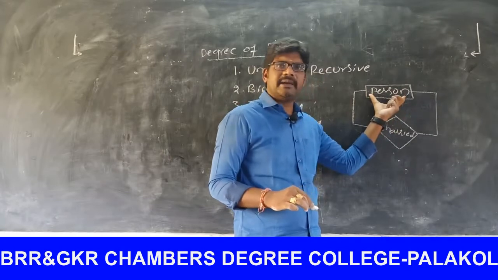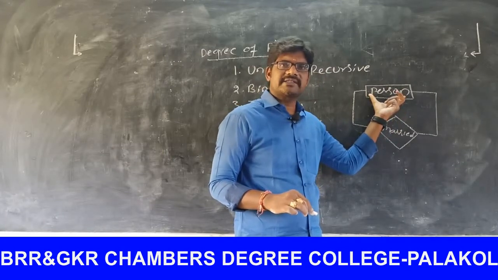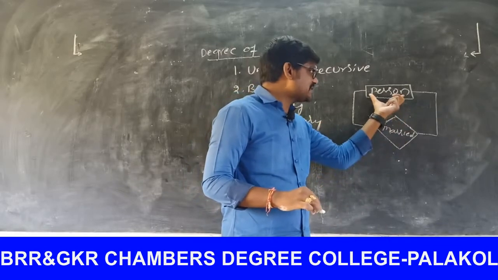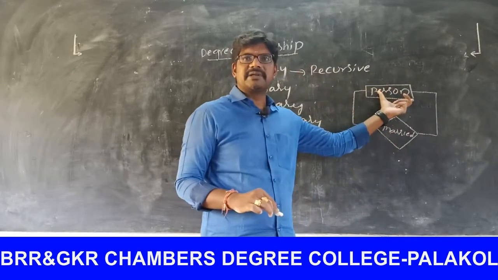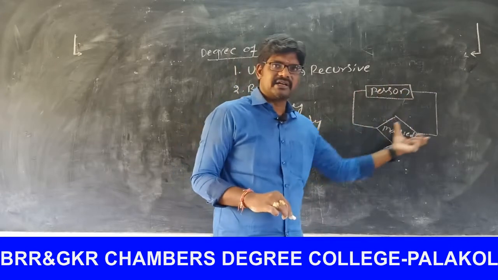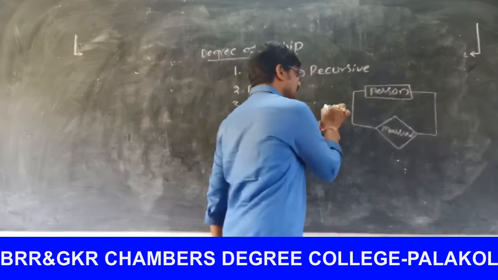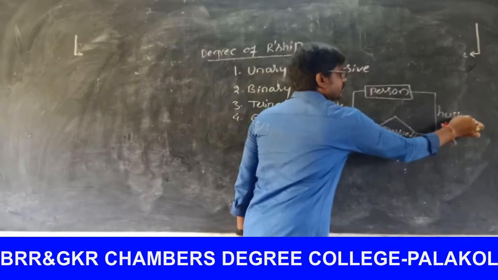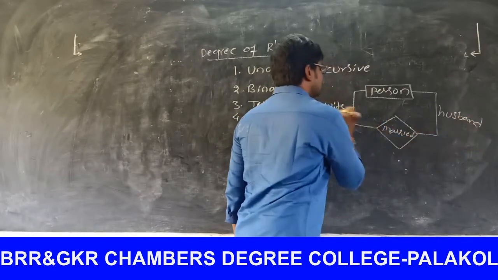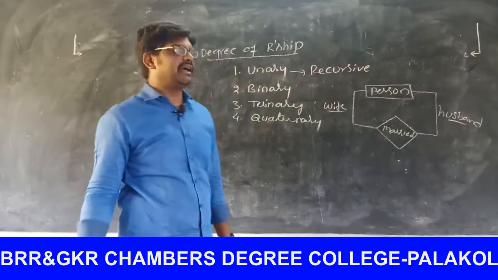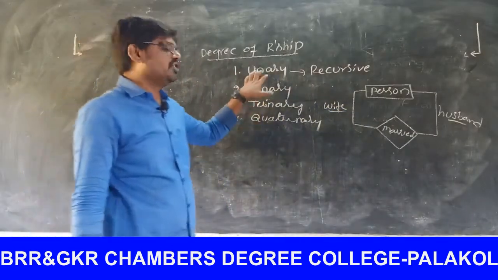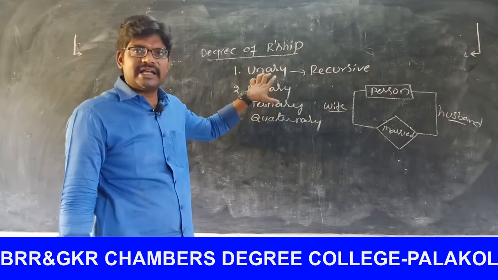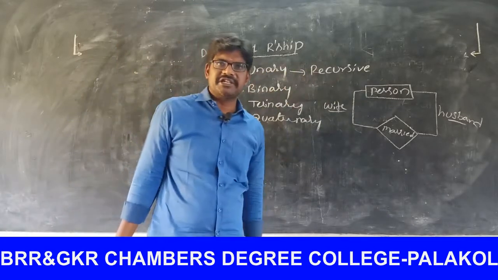Only one entity here participated. That's why we called it as a unary relationship. So here always the person is married to another person. Always it is in a recursive manner. Okay. So this is the labels. These two are called labels in the recursive relationship. So only one entity that can be participated, we call it as a unary relationship.